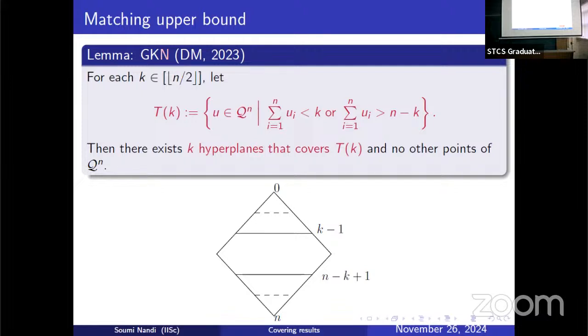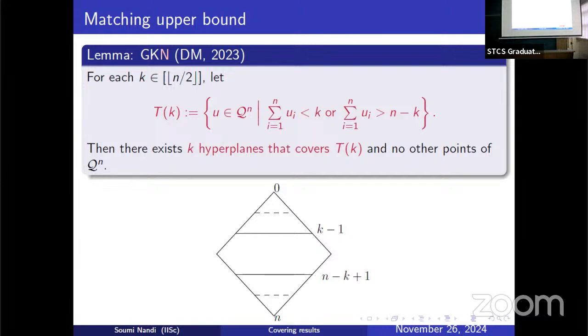This says that if we want to cover the first k layers and the last k layers, these 2k many layers, one thing is that if I take xi equal to some j, where j runs from 0 to k minus 1 and from n minus k plus 1 to n, then these 2k hyperplanes cover all of them.